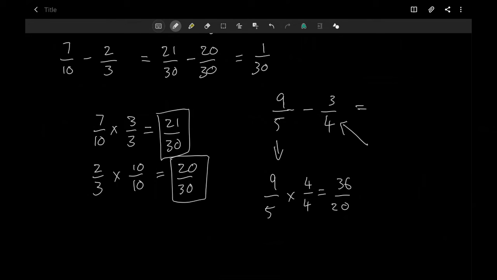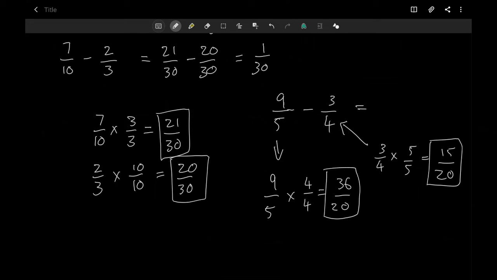Next step, we take the second fraction, which is 3/4, and we multiply that by the opposite denominator, which is 5. We get 15 over 20. Again, as you can see, we now have two fractions with the same denominator, and we can start subtracting. So it'll be 36 over 20 minus 15 over 20, which equals 21 over 20.